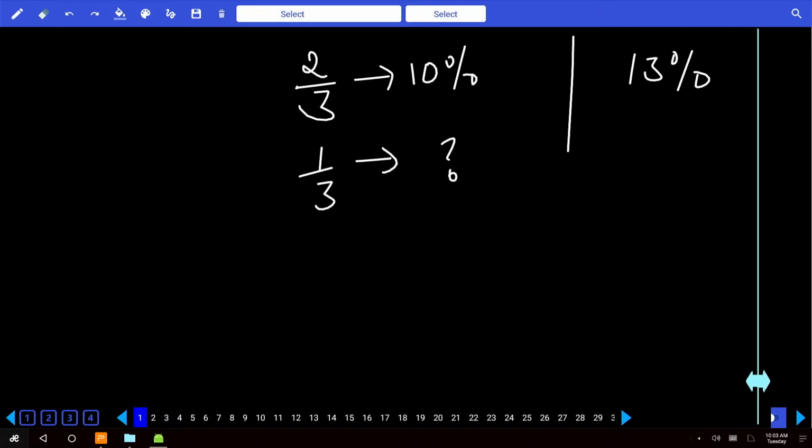Assume 3 items. Overall, what is your expectation? On the third item, you need 13 for sure. Remember 13. On the first 2 items, what is made? 10. What is expected? 13. Got less, right? How much less? 3. Like that, how many items are there? 2. How much do you need? 6. Already 13 on the third item, you need 13 plus 6.